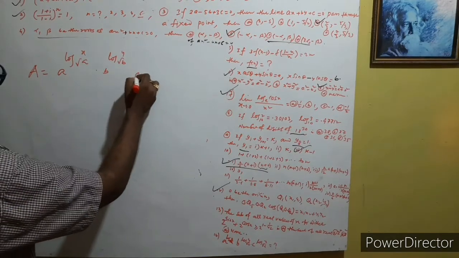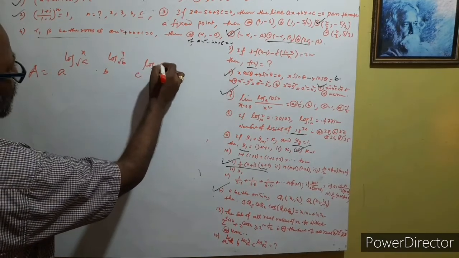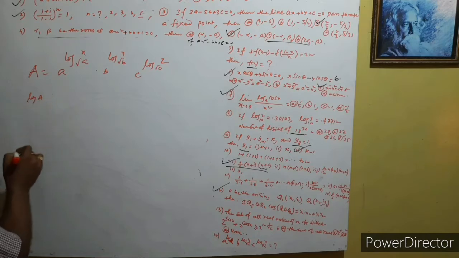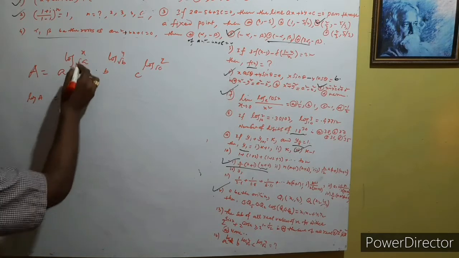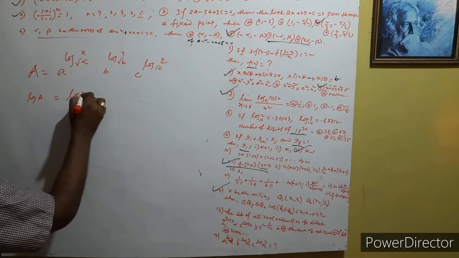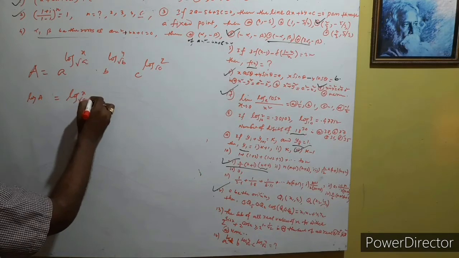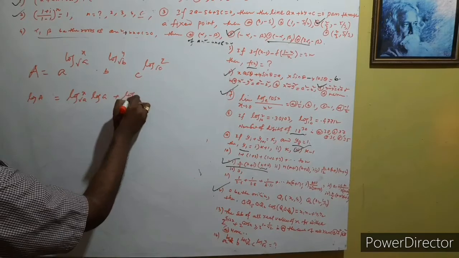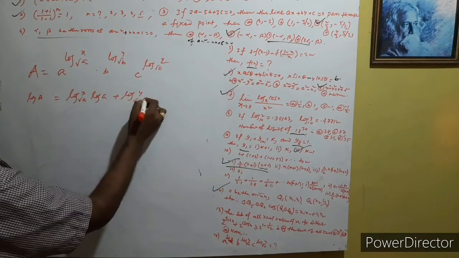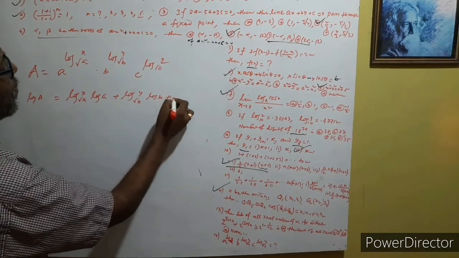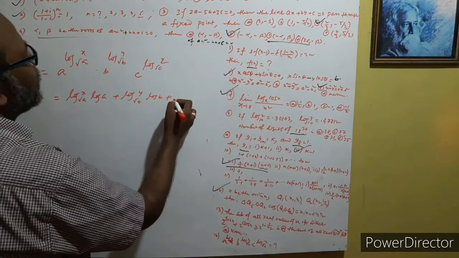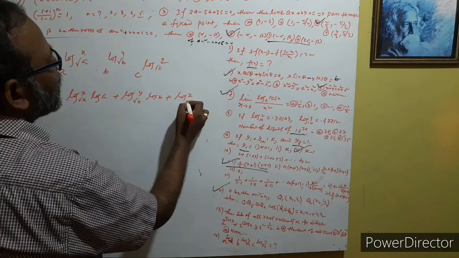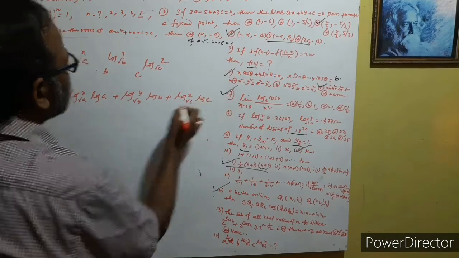If we take logarithm on both sides, we get log a times x root a, log a plus y root b log b plus z root c log c.